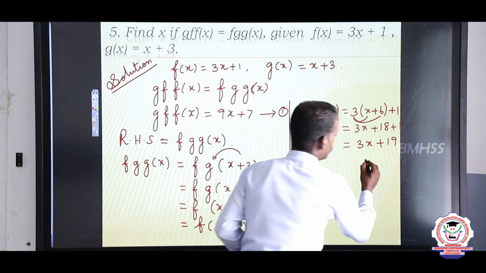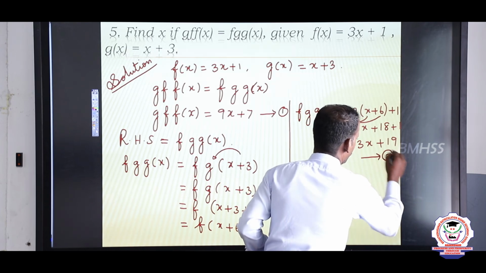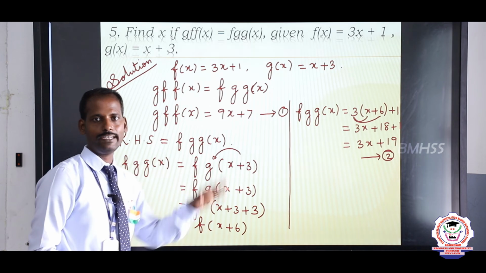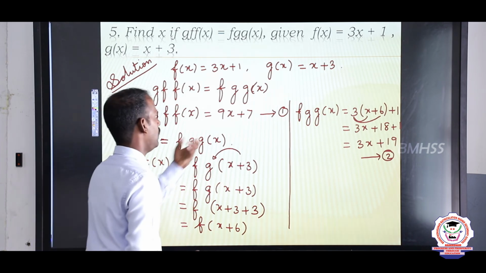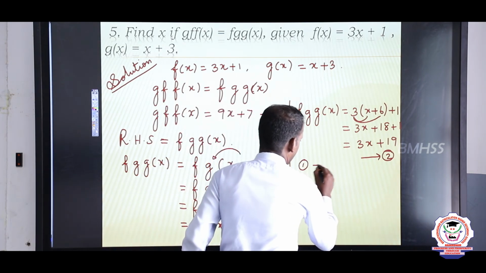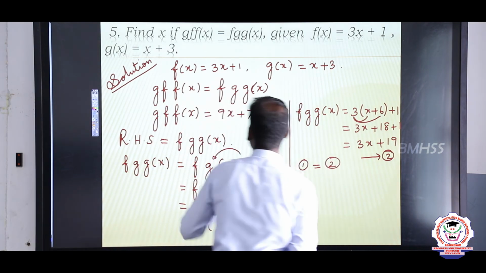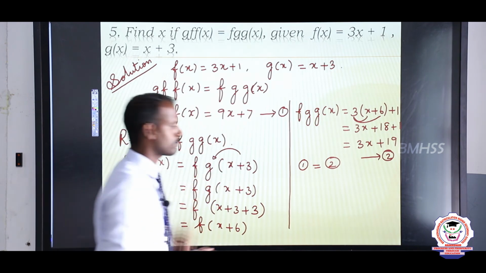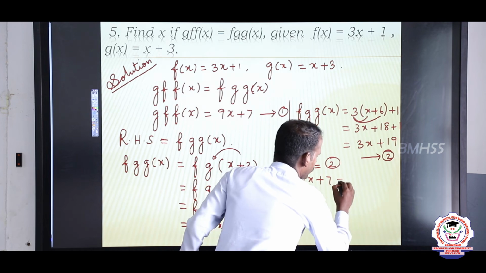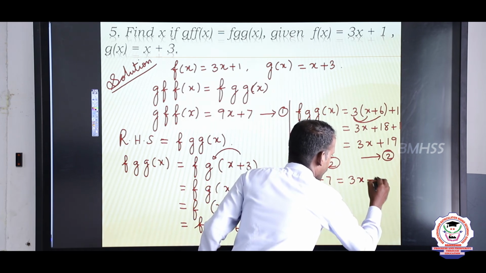So this is equation number 2. From 1 and 2 combined, you have to find the x value. Here equate equation 1 and 2. So 1 equal to 2. So equation 1, what is the value? 9x plus 7. So 9x plus 7 is equal to 3x plus 19.